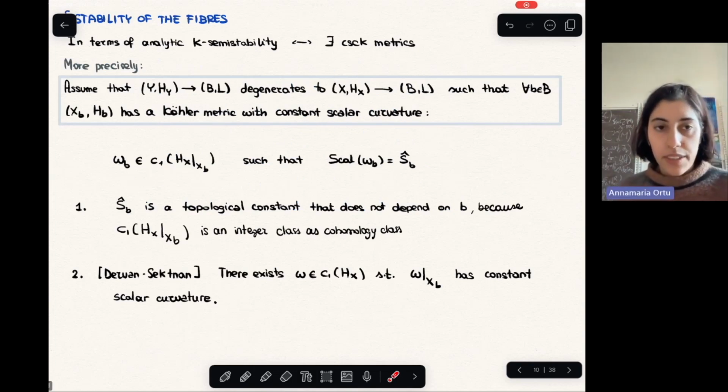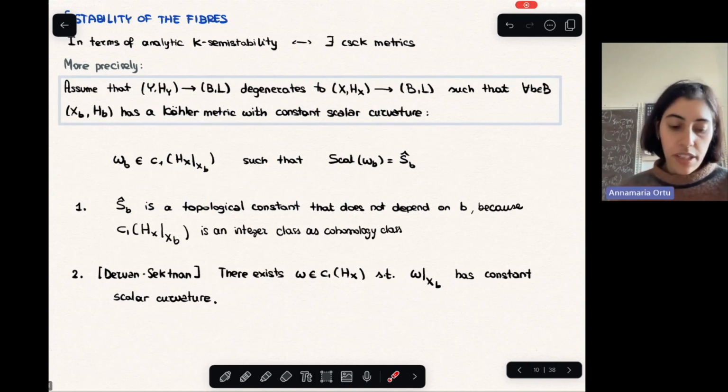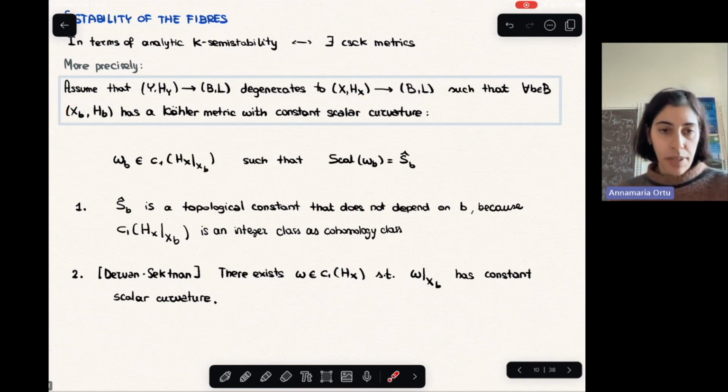So let's start with the stability of the fibers condition. This is given in terms of analytic K-stability. We assume that our fibration Y over B degenerates to a fibration X over B, where on each fiber of X there is a Kähler metric with constant scalar curvature.